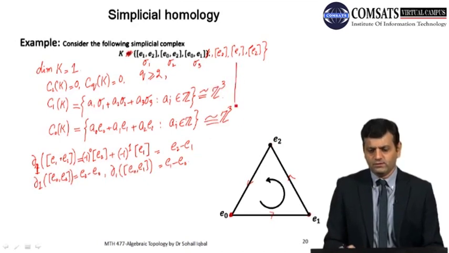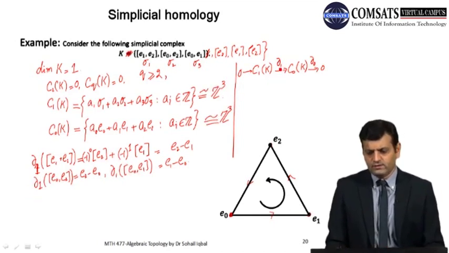So now we have C1 of K going to C0 of K going to 0, and there is a 0 on its left side, and we have boundary maps partial 1 and partial 0.